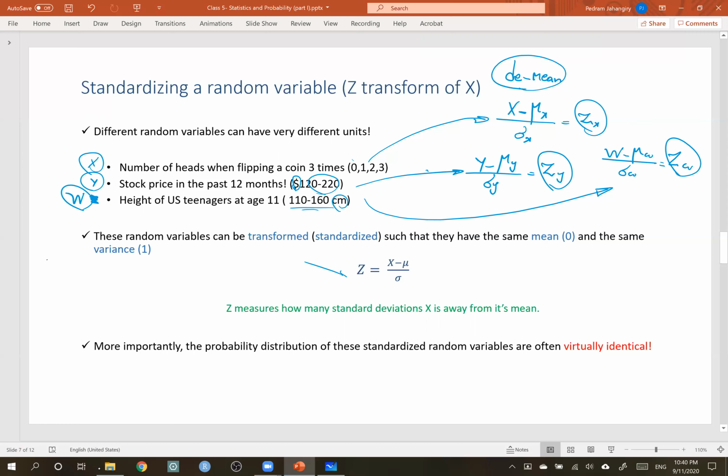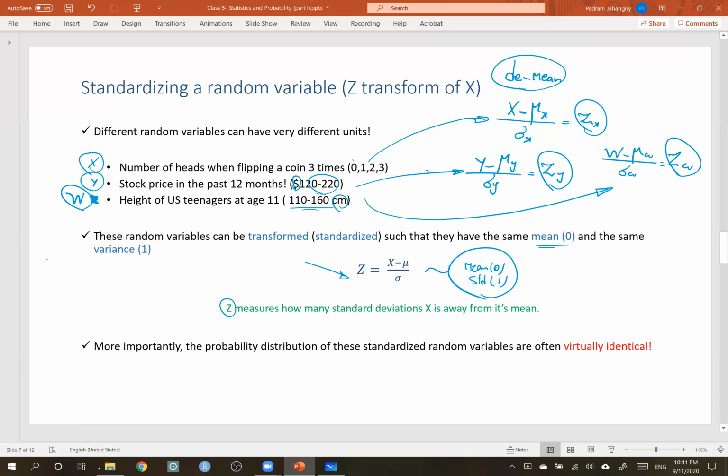So we already talked about this one. And we know for a fact that if you do that, this Z has the average of 0, mean 0, and standard deviation 1. All right, and it is very interpretable.